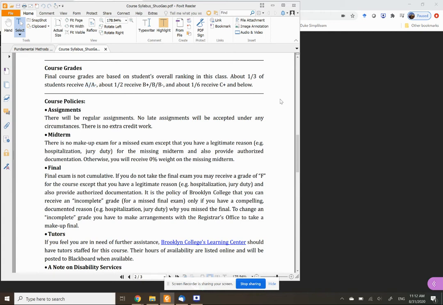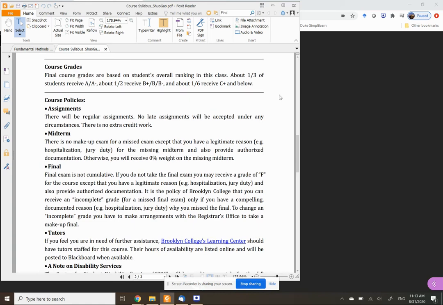That never happened before. I'm just saying that if everybody gets really good grades, you don't have to worry about receiving a C plus or below. So don't worry about the ranking too much. It's just a relative ranking in this class.